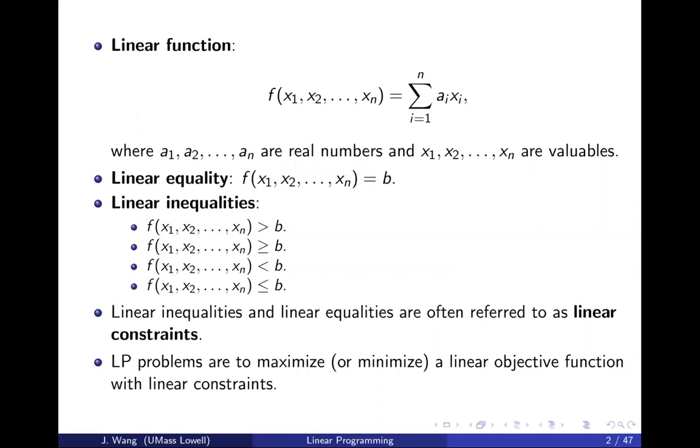So that means it's in the form of a1 x1 plus a2 x2 plus up to an xn, where each ai is a real number and xi is a variable.